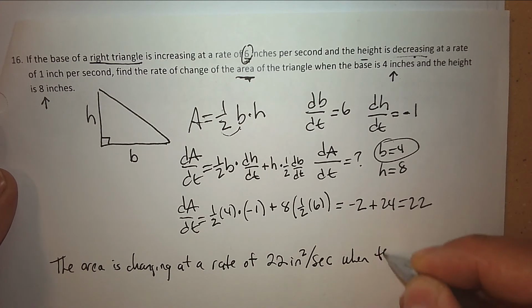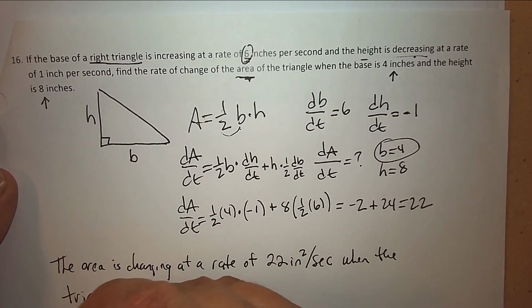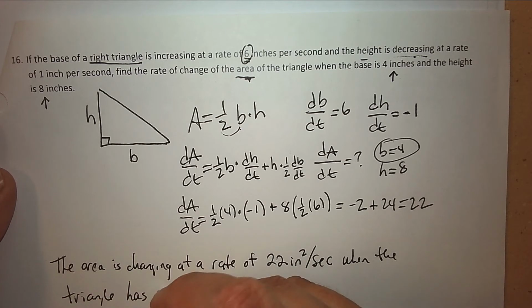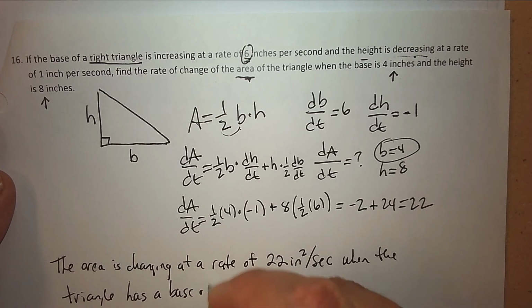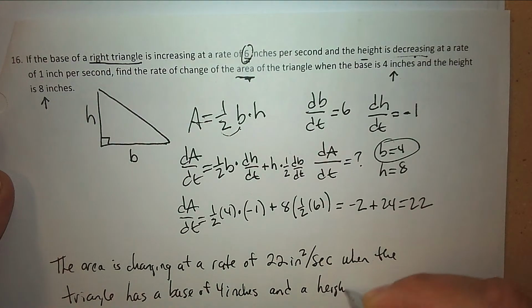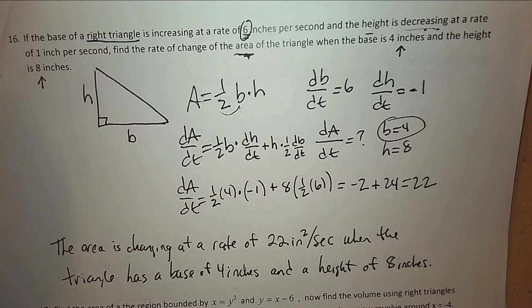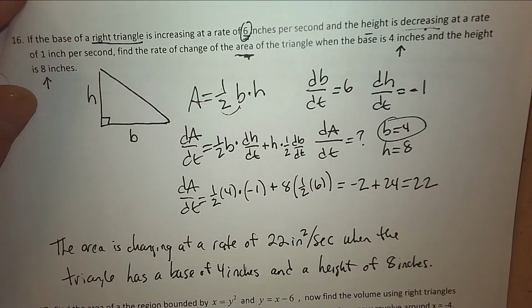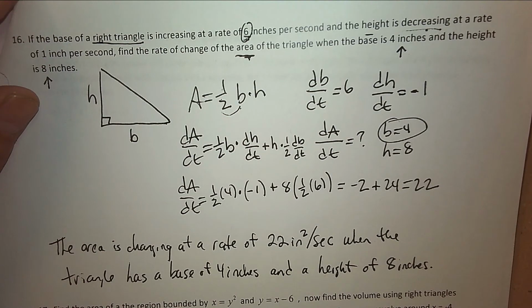When the triangle has a base of 4 inches and a height of 8 inches. So the area is changing at a rate of 22 inches squared per second, when the triangle has a base of 4 inches and a height of 8 inches.